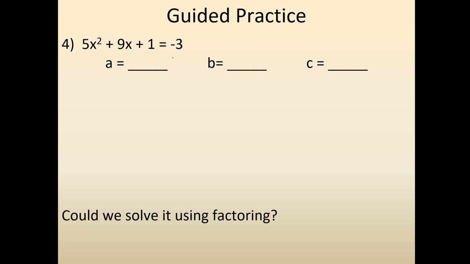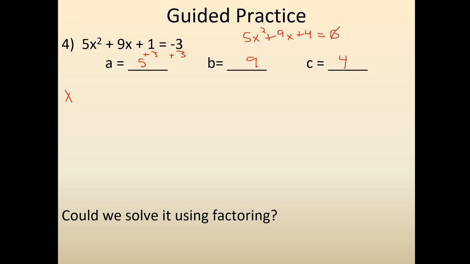All right, so add the 3 to the other side. 5x squared plus 9x plus 4 equals 0. So a is going to be 5, b is 9, and c is going to be 4.